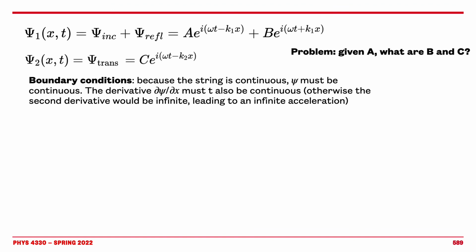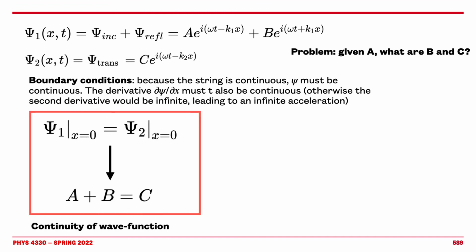The fact it is continuous is simply saying that you do not have a big jump in the elongation, in the deformation. The continuity of the wave function is simply saying that at x equals 0, and I remind you x equals 0 is at the boundary, the function has to be continuous.